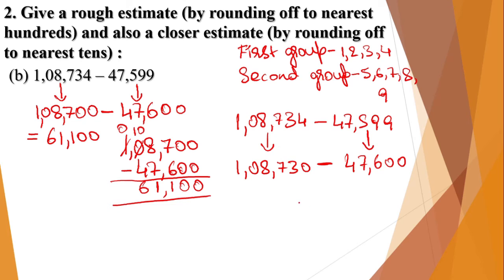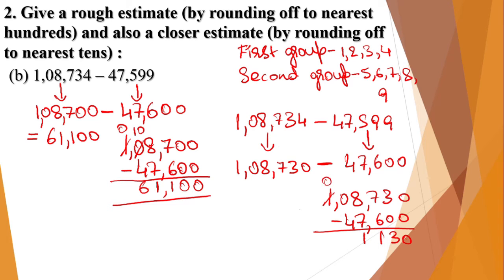Now, here we should subtract because the operation is subtract. So 1,08,730 minus 47,600. Now 0 minus 0 is 0 and 3 minus 0 is 3 and 7 minus 6 is 1 and 8 minus 7 is 1 again and 0 minus 4 is not possible, so we will borrow.